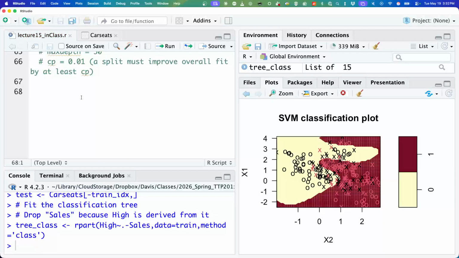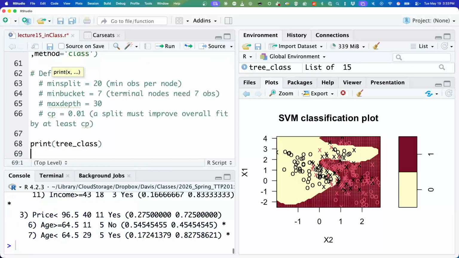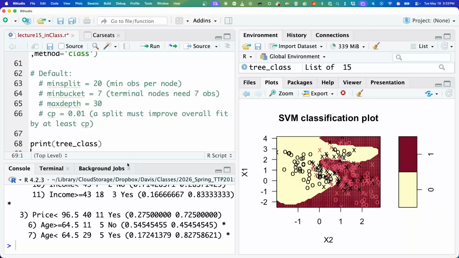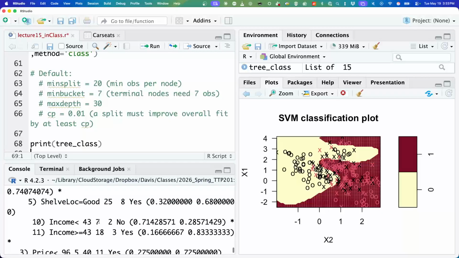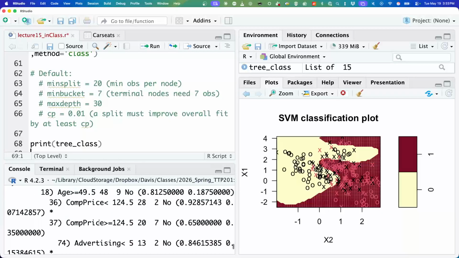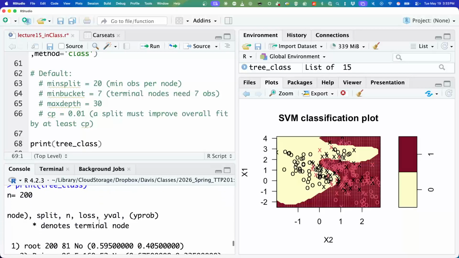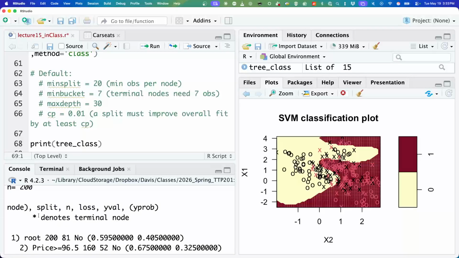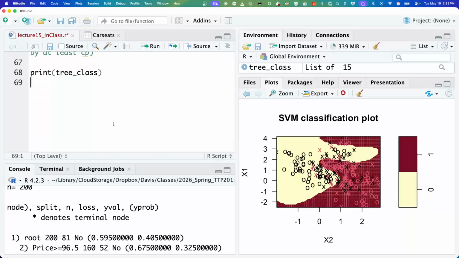Okay, so there's a couple of different ways we can look at this. So let me do print tree class. And here it will break down the tree for you, where the star is a terminal node. This is kind of the default for rPart.